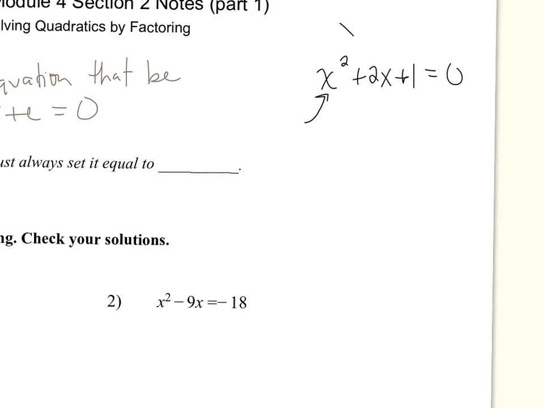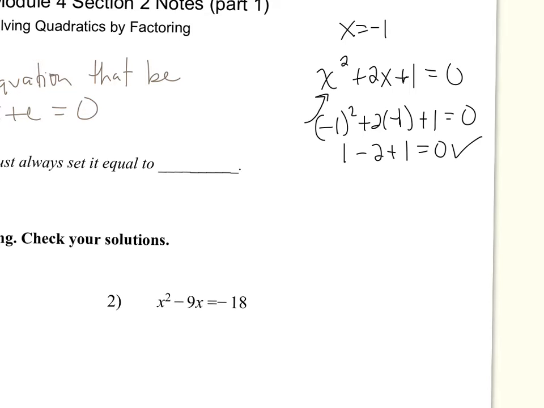For example, I know that x equals -1 is a solution to this because -1 squared plus 2 times -1 plus 1 equals 0, because this is 1 minus 2 plus 1, which is 0. So I'm trying to find these solutions like this one, which I just knew. I'd like to know what the solutions to quadratics are.